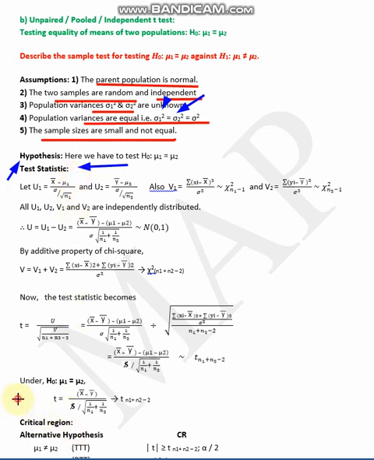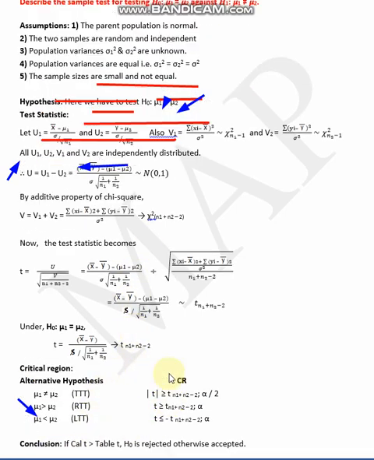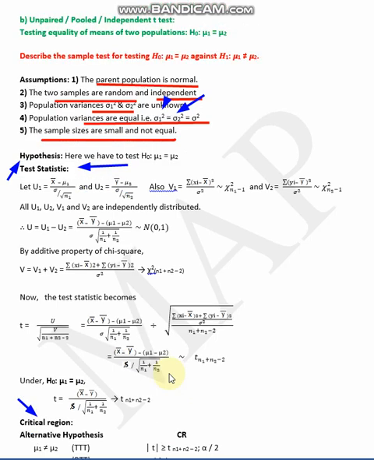The third one is to find out the critical region, and the next step is the conclusion part. In this way we are studying all the tests based on the testing of hypothesis.